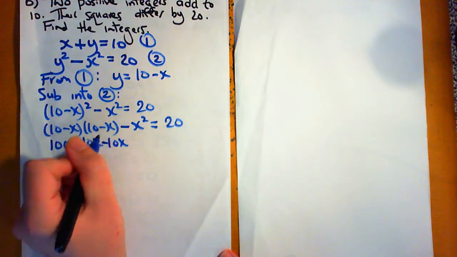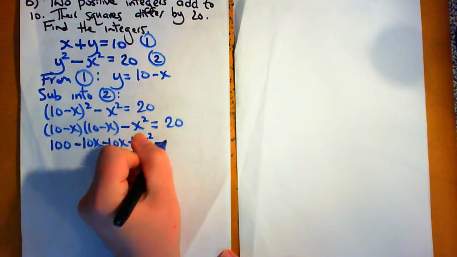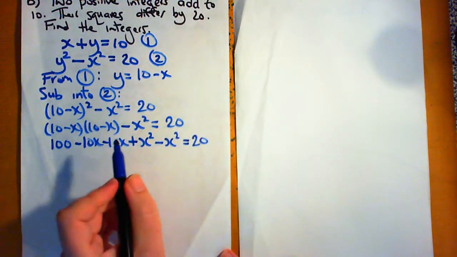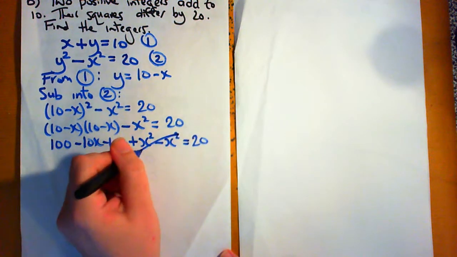Then we've got minus x times minus x is plus x squared. Then we get minus x squared equals 20. So we've got an x squared minus x squared, so those will cancel out.